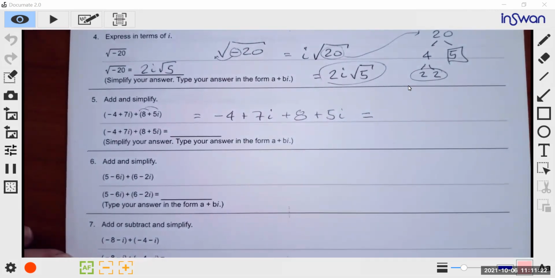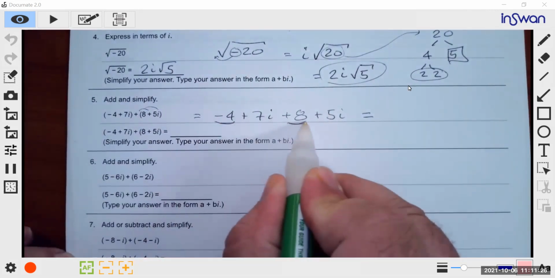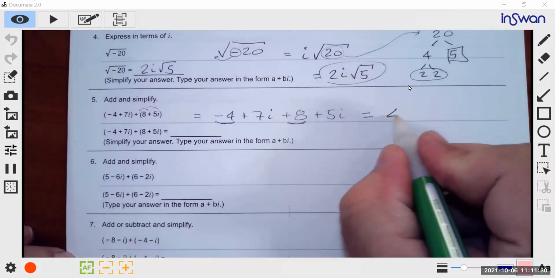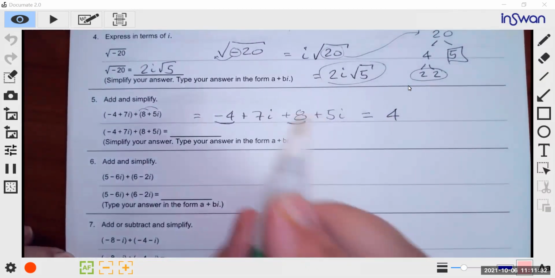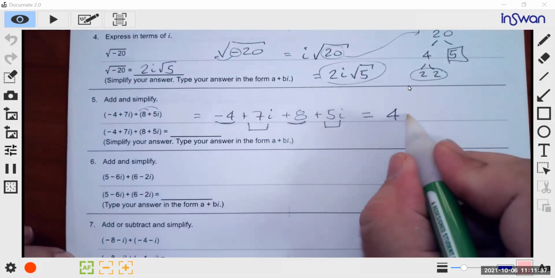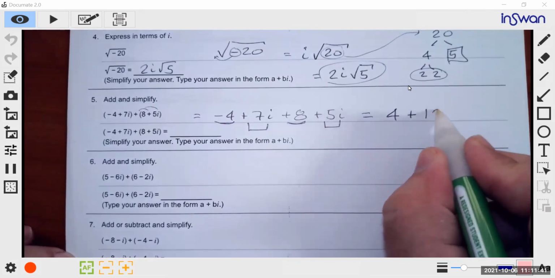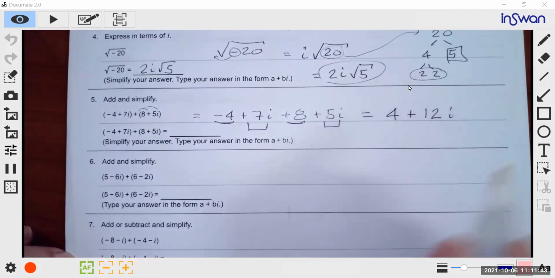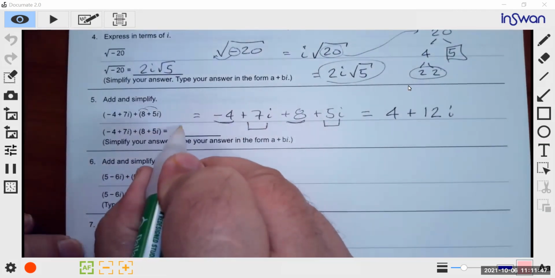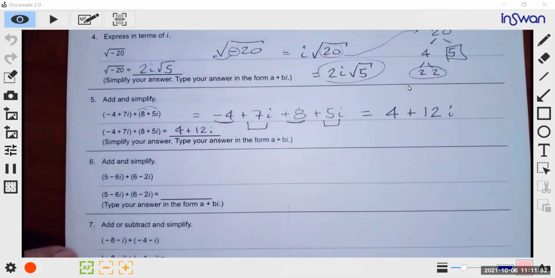What do we do next? Combine like terms. You have negative 4 plus 8, so 8 minus 4 is 4. 7i plus 5i, they're both positive. 7 plus 5 is 12i. So the answer is 4 plus 12i.